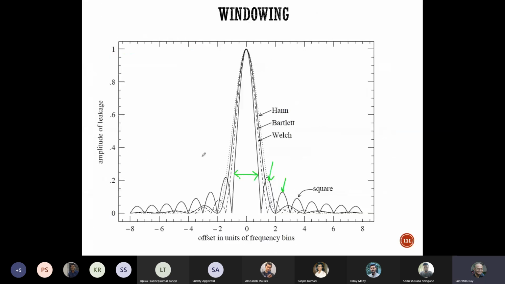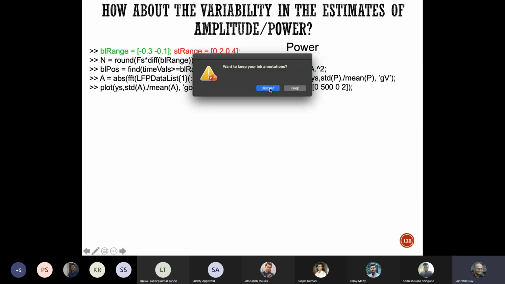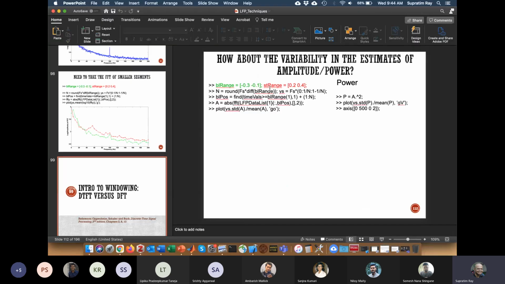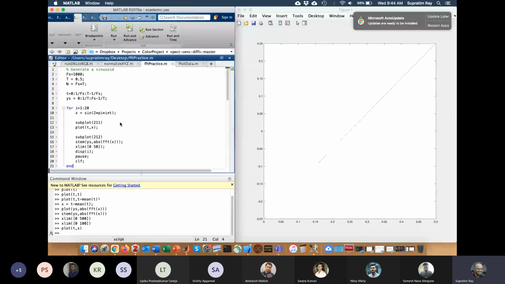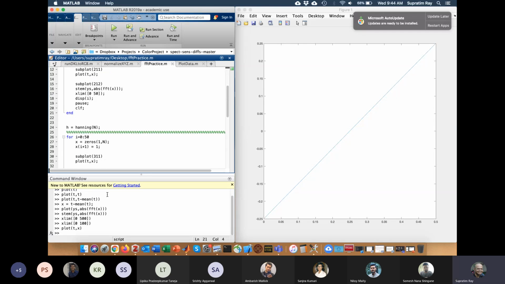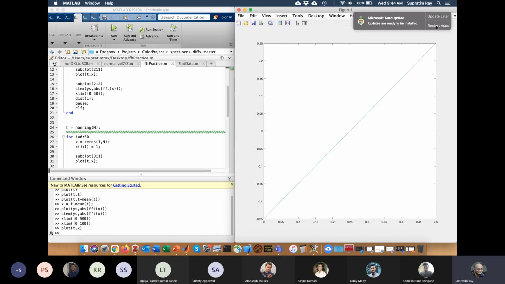So let me go back and actually show you this in action. This is where, as I said, playing with MATLAB becomes so useful. All of what I have told you today can be understood with only like 10 or 20 lines of code. So let me go back, and remember, this is my time domain signal.